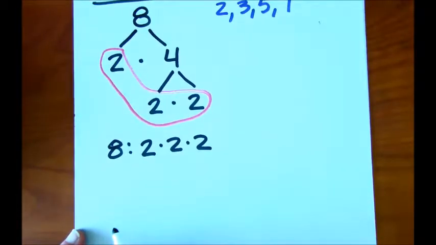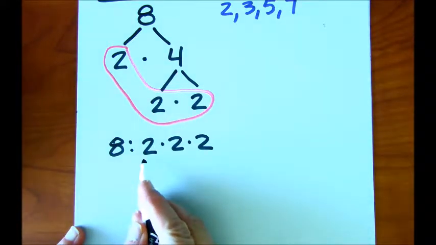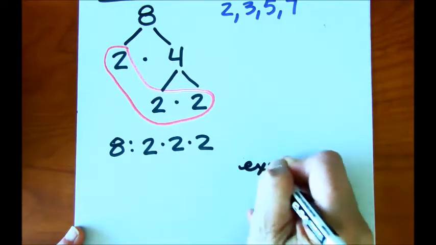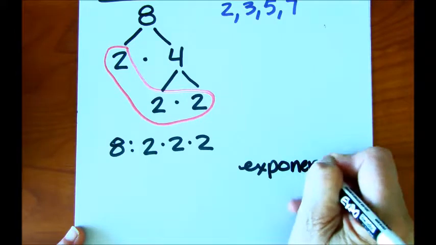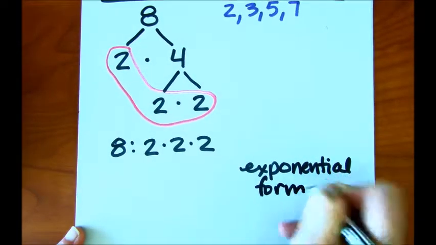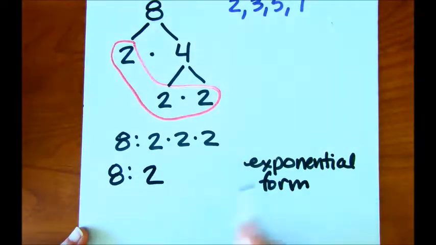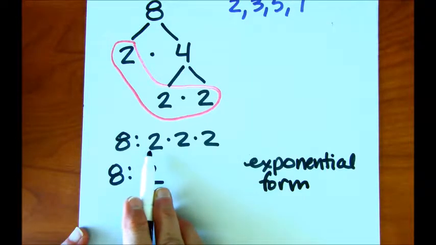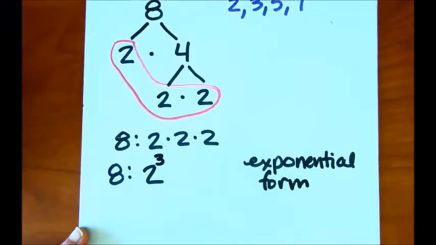Now, if I want to be a little more efficient, I could write these factors in exponential form. That means I'm going to write it with an exponent. The base is 2, so that doesn't change, and I'm multiplying 2 by itself 3 times, so it's going to be 2 cubed, or 2 to the 3rd power.